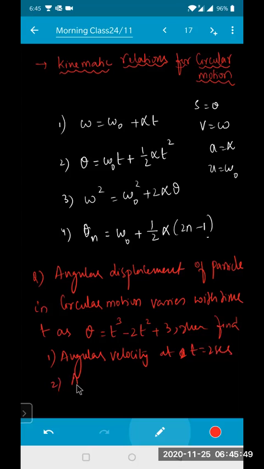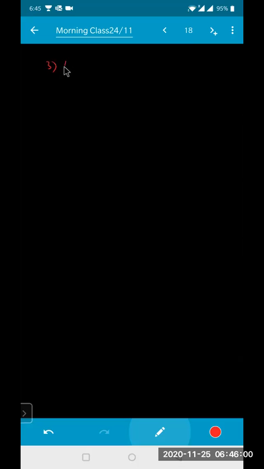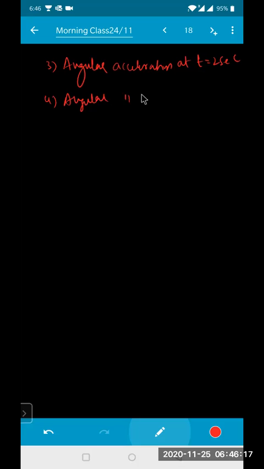Second question, the angular velocity in the first 2 seconds. The third question is the angular acceleration at t equals 2 seconds. And the fourth one is the angular acceleration in the first 2 seconds. Okay.